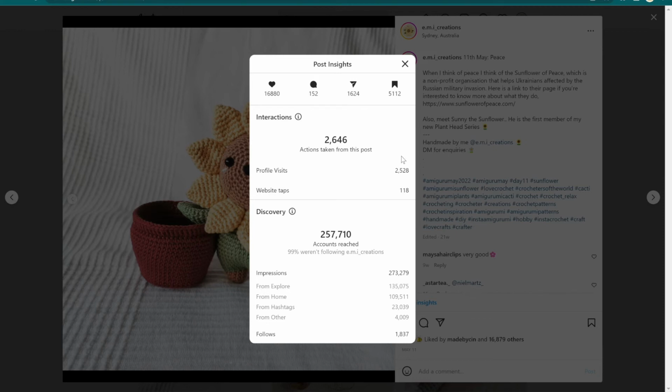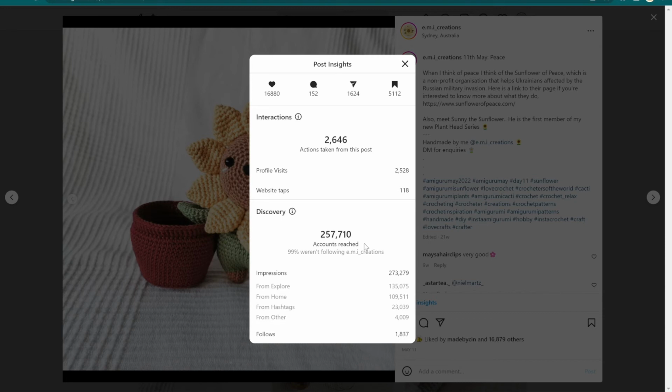The numbers I always look at are the number of likes, shares, saves, and accounts reached. For Sunny, it got over 16,000 likes, 1,600 shares, over 5,000 saves, and 257,000 people saw this post.